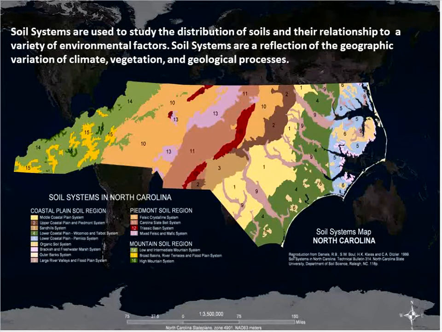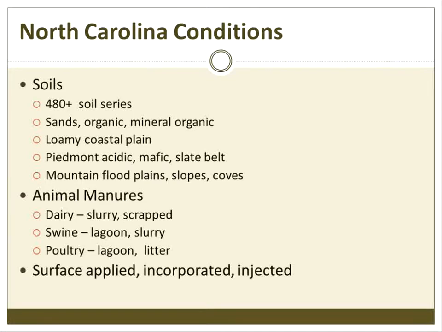And so you can see that we have a lot of distinct soils in North Carolina, and specifically we have almost 500 soil series that consist of anything from sands to organic soils. On the coastal plain, we tend to have loamy sands, Piedmont, acidic, mafic, slate belt kinds of soils, and the mountain floodplains. Mountains have floodplains, oftentimes with slopes.